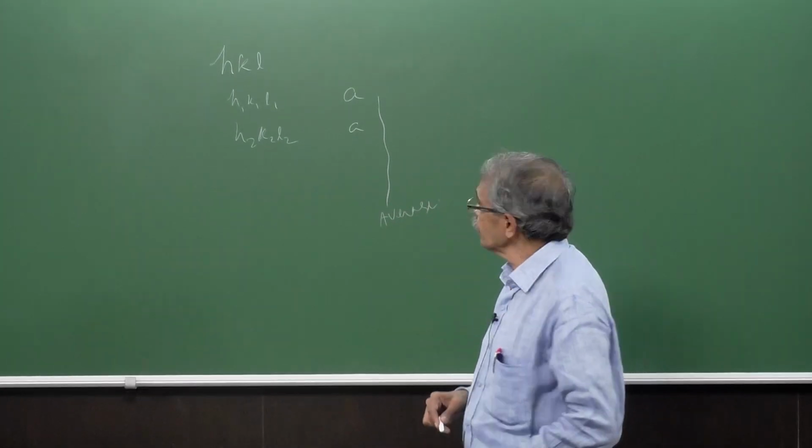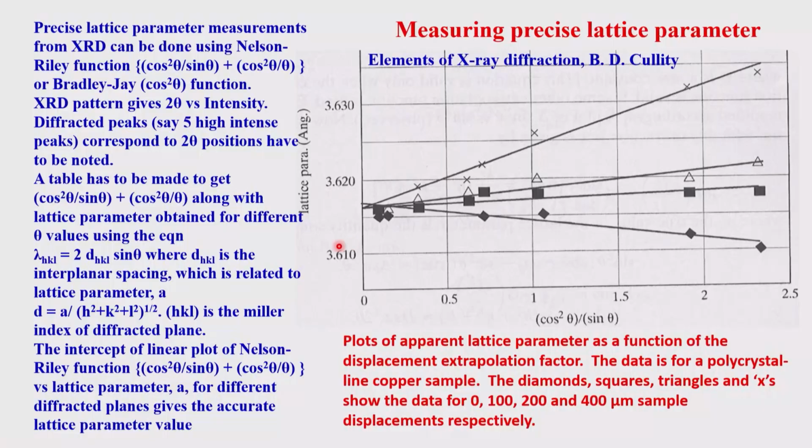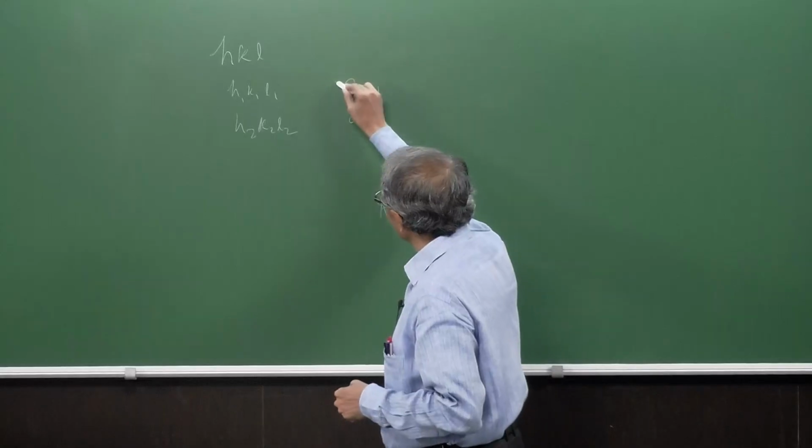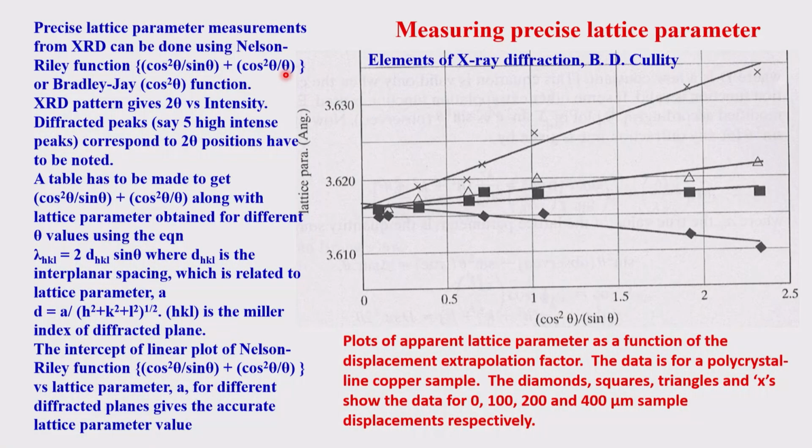So for the precise value, what I have given here is quite popularly used, and it was developed by Nelson-Riley. What you do is use the function cos square theta by sine theta plus cos square theta by theta as a function of the lattice parameter A obtained for each reflection, and that will take care of the distribution of the particle sizes that you have and the nature of the particles, whether they are polycrystalline or single crystalline.